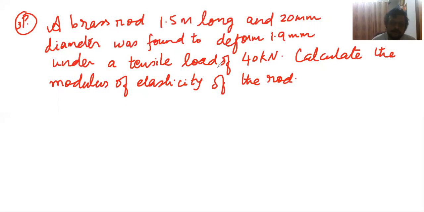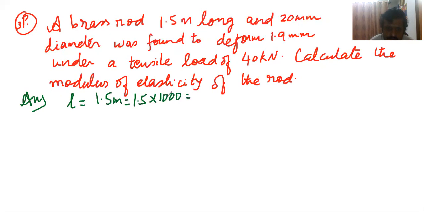Okay, students, so how do we do this? So brass rod, length capital L equals 1.5 meters, which is 1.5 into 1000. So how much is that, students? 1.5 into 10 is 15 and double zeros, 1500 mm.